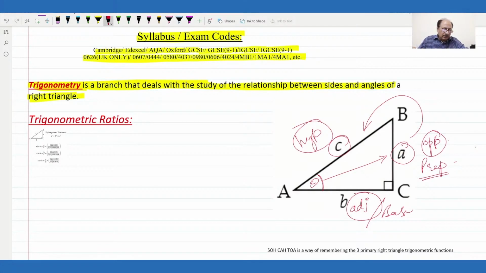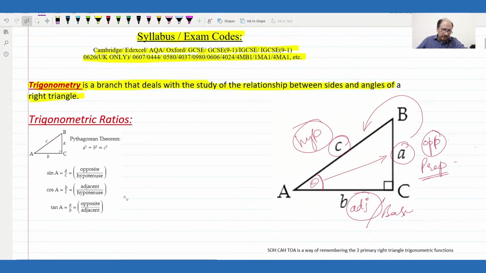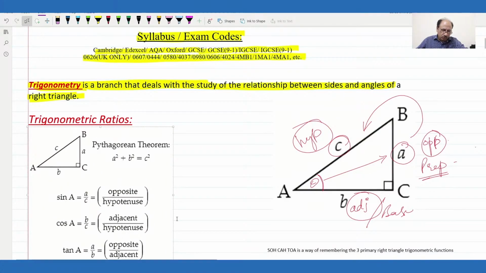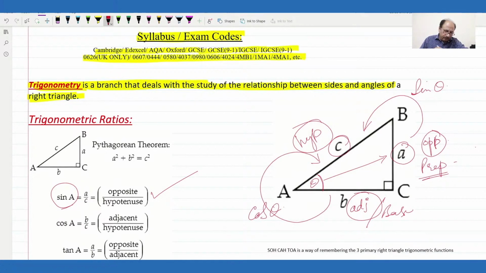So these trigonometric ratios are basically the ratios between these sides. If I magnify and show you, this will be sine theta, and sine theta is opposite over hypotenuse, as I mentioned over here also. Cos theta will be adjacent over hypotenuse.